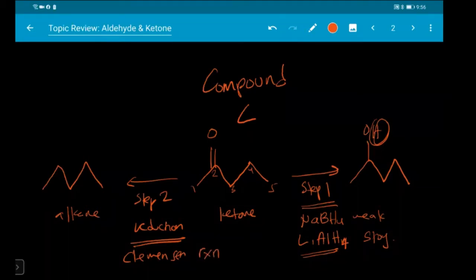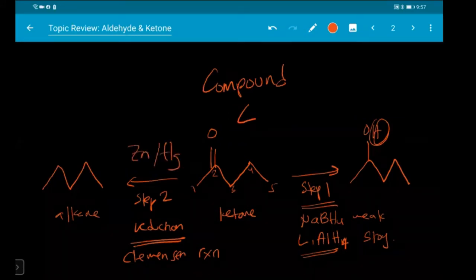Okay, Clemmensen reaction is by using zinc and mercury as a catalyst. Zinc and mercury. So what's going to happen is the zinc and mercury will reduce the O into H sebenarnya.